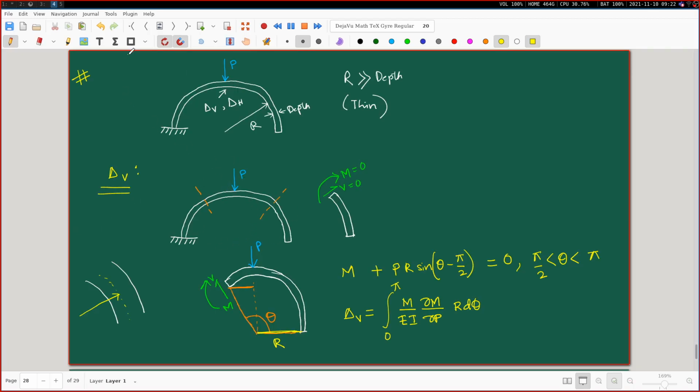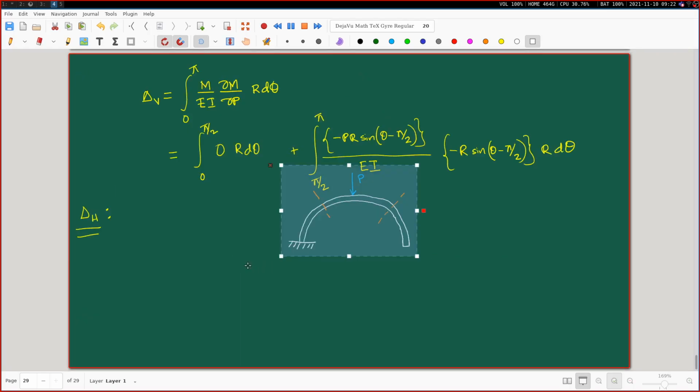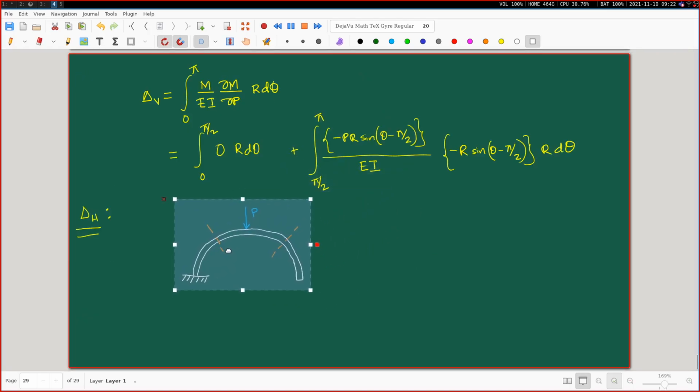I'm going to repeat this diagram. But now I'm going to introduce a fictitious force at this point. Let this be Q. And the plan is that ultimately I will set Q equal to 0.